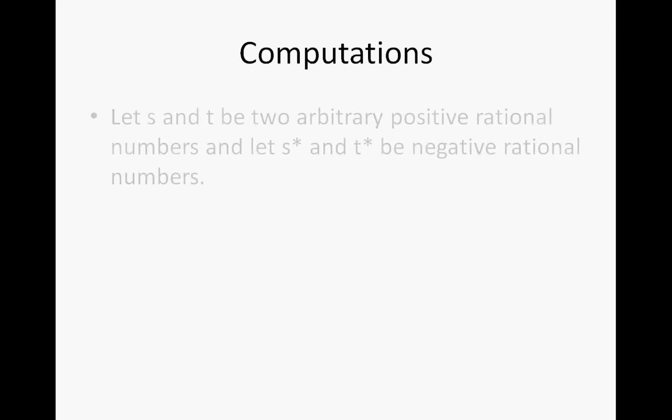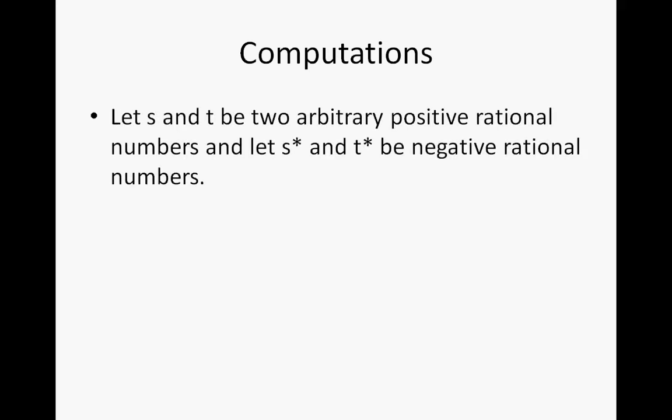All right, so let's take a look at some computations. Let's go ahead and use s and t as our arbitrary positive rational numbers, and we're going to use s star and t star as our negative rational numbers. Well, if that's the case, then we have 4 possible combinations.